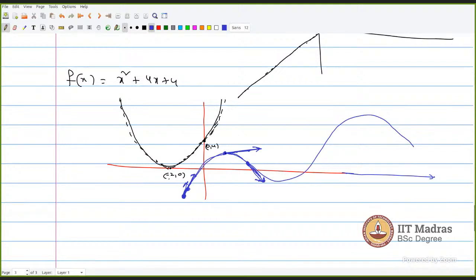You can treat it like this: if I suddenly remove gravity at this point, the ball will follow this particular path.